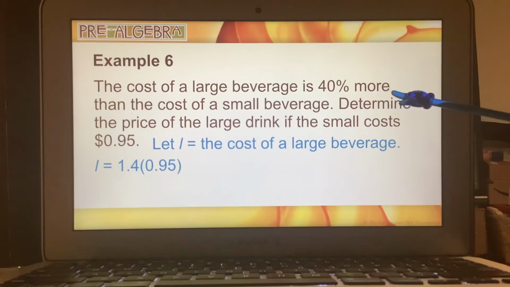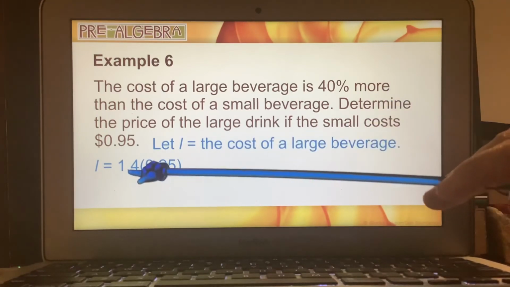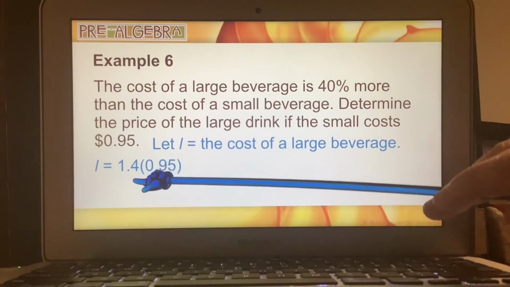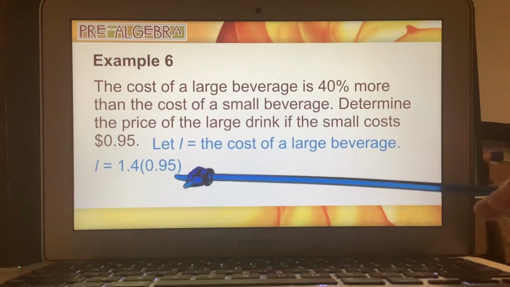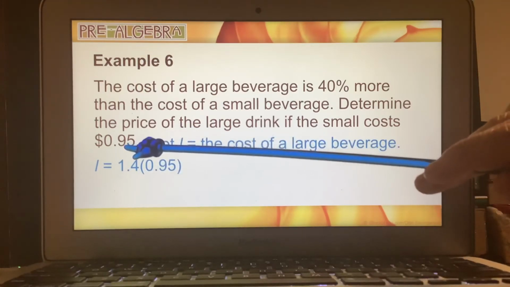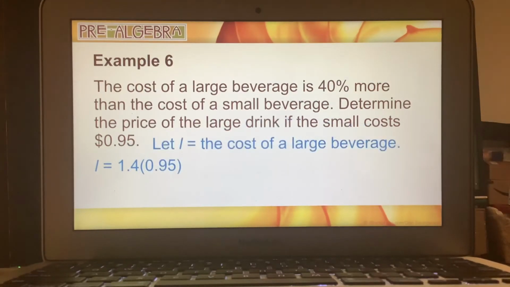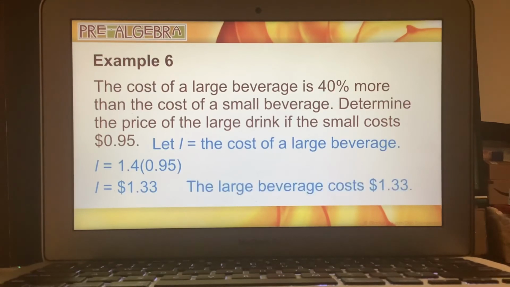That's the 40% more. And then times the cost of the small drink, because that's your part, 0.95. Now you multiply that, and when you multiply it, you get $1.33 for the cost of the large drink. So the large beverage costs $1.33.